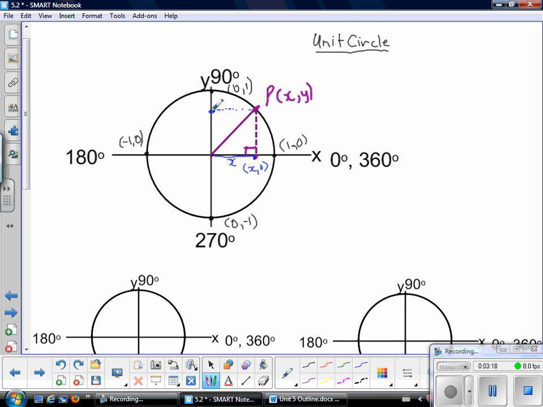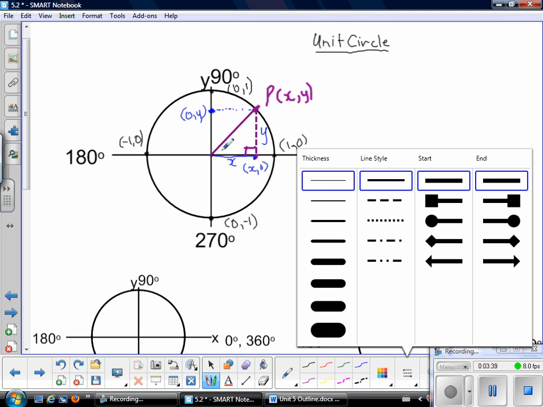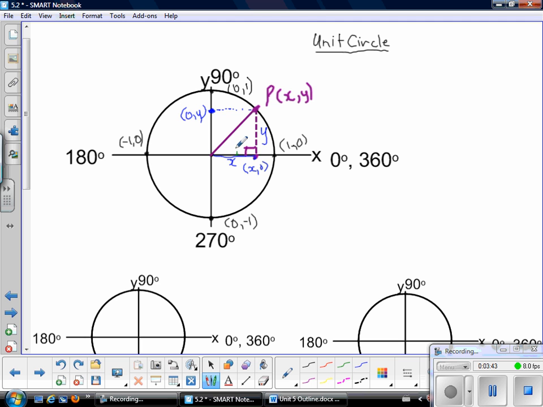It's going to have a coordinate of (0, y). That means this vertical distance is y. I go up y units, so this equals y. Now I'm going to define theta. Remember, theta starts at the initial arm and stops at the terminal arm. So here is my theta.